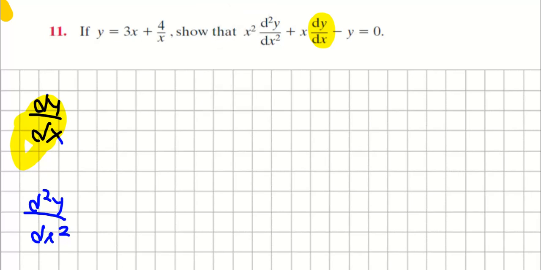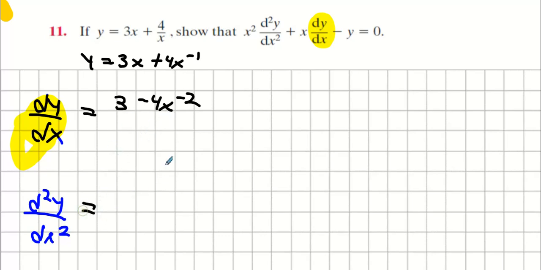Did you all do your prep work, as in you did y equals 3x plus 4x^-1 before you differentiated? So you differentiate for the first time, it's going to be 3 minus 4x^-2. Then when you differentiate the second time, the 3 disappears, minus 2 times minus 4. Who got 8x^-3?